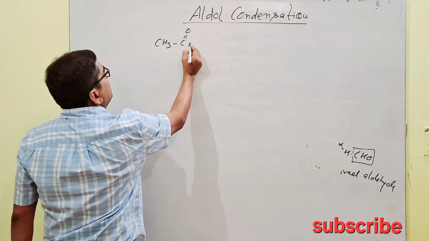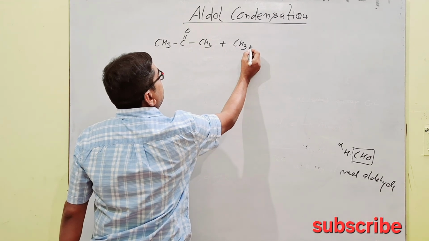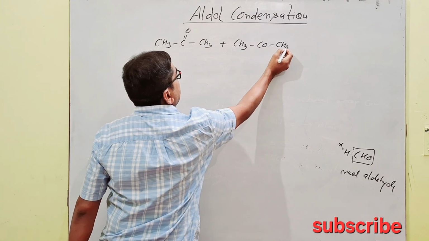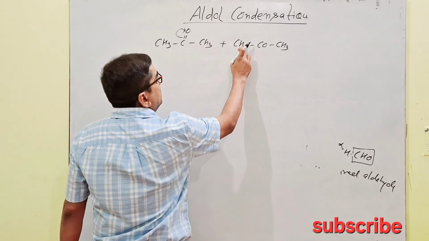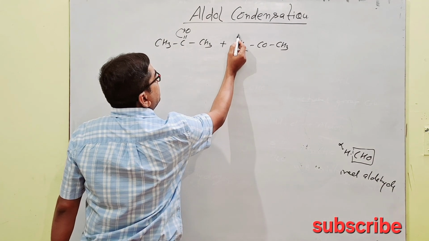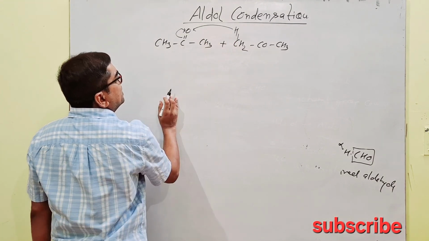If we take a ketone in place of aldehyde, like acetone, CH3COCH3, with the next molecule of acetone, CH3COCH3. Here the electron delocalizes to this oxygen. Now CH3 can be noted in this way, hydrogen comes to this oxygen.